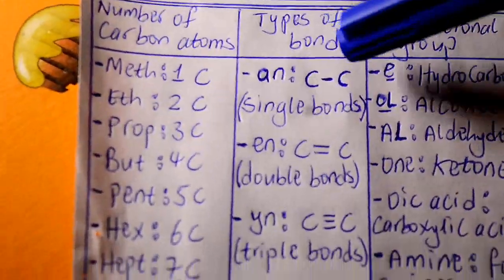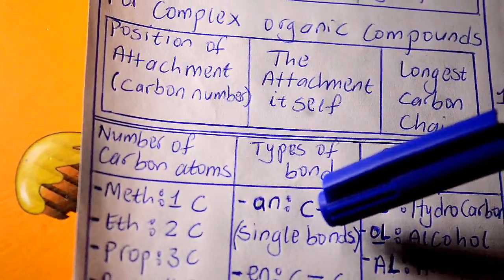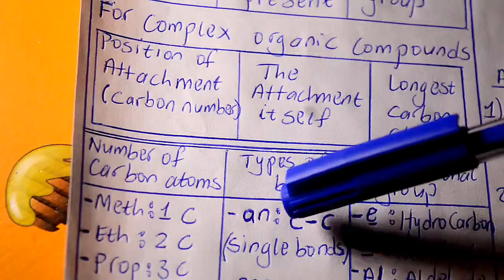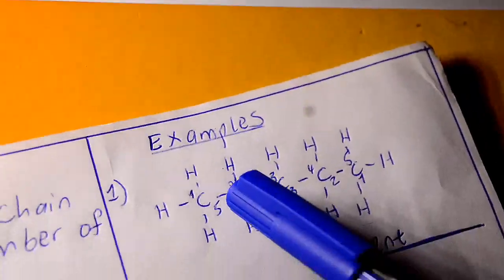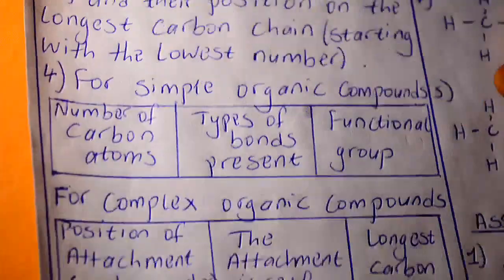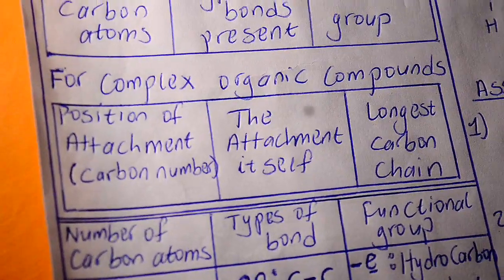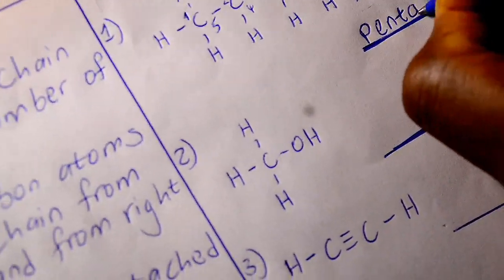Remember, you need to check the types of bond present, whether they are single carbon to carbon bonds, double bonds or triple bonds. Here all carbon to carbon bonds are single, so you use AN for the second part of the name.